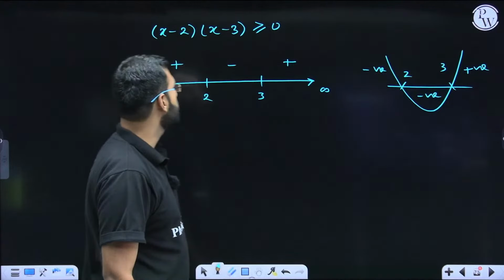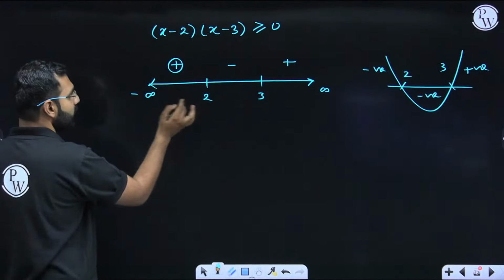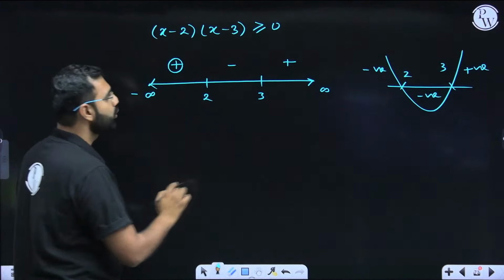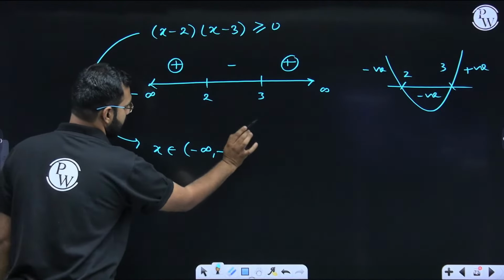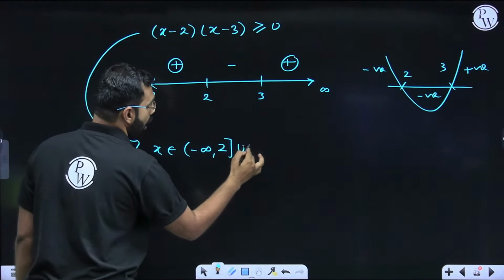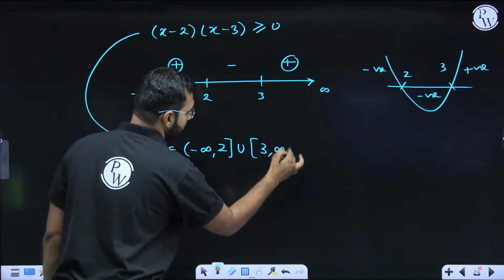Which means if somebody says that it should be greater than or equal to 0, it will be positive or 0 between minus infinity to 2 or between 3 to infinity. So for this inequation, the solution will be minus infinity to 2, or 3 to infinity.